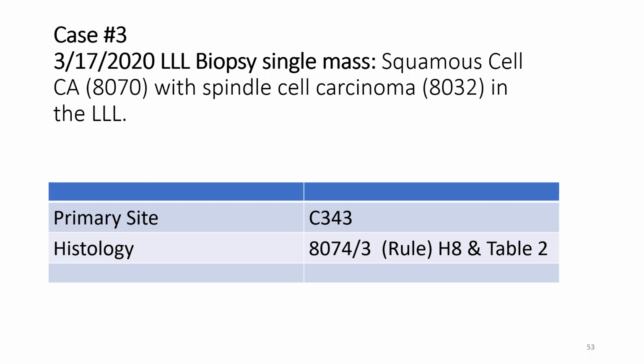According to table 3, squamous and spindle cell are on different rows, not a subtype variant of one or the other. So really, I kind of stopped here. I wanted to make sure this is not what I have based on what table 3 told me. H6 does not apply because we have two distinctly different histologies in a single mass on separate rows in table 3. So we need to keep going.